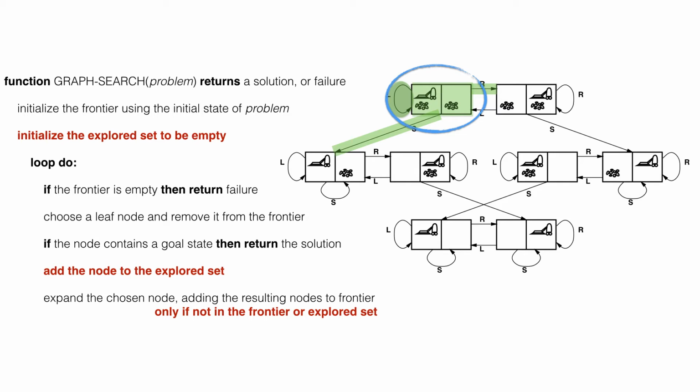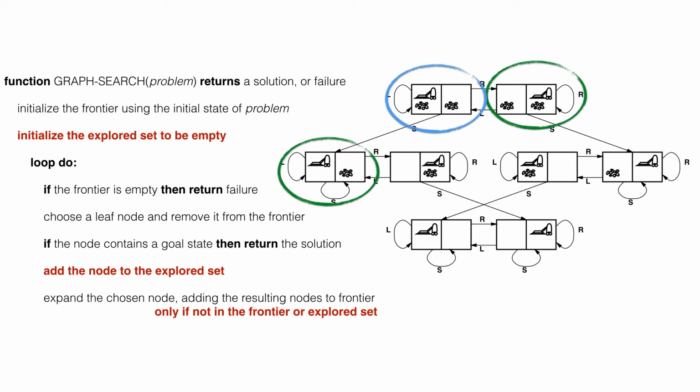So that's a good example to think about, because when we go to consider adding that to the frontier, we check: is that in the frontier or is it in the explored set? Well, yes, it's in the explored set. It's circled in blue. So we add the state that we get to by moving right, and we add the state that we get to by activating the suction, but we don't add the state that we're already at because we've visited it already.